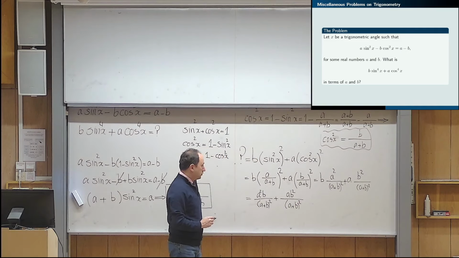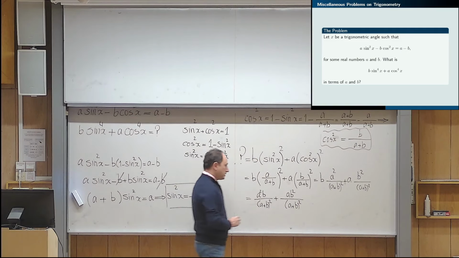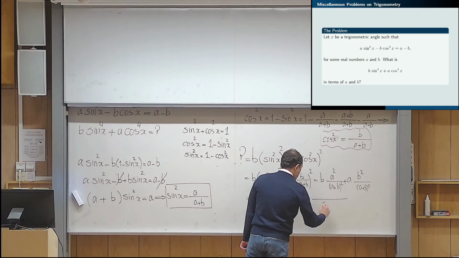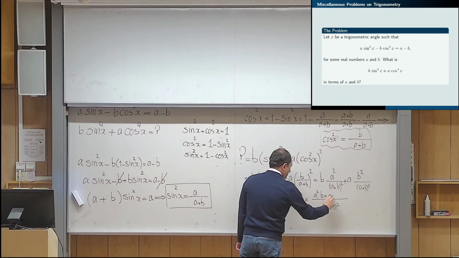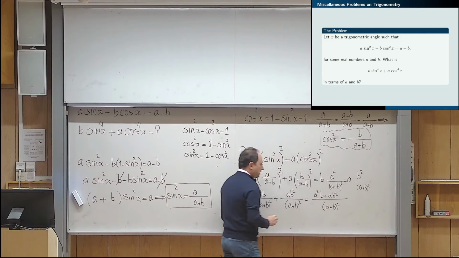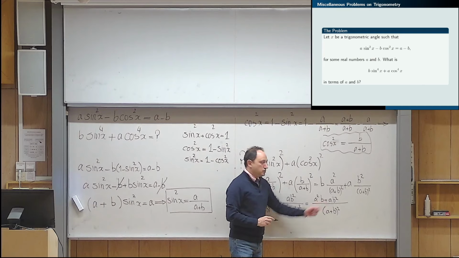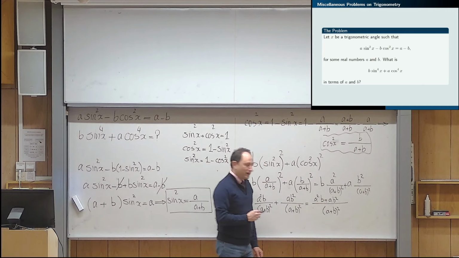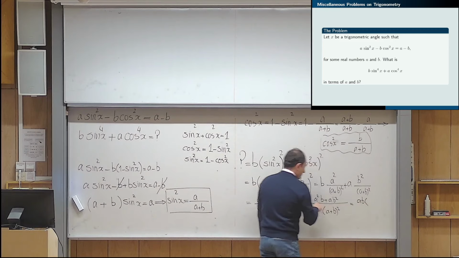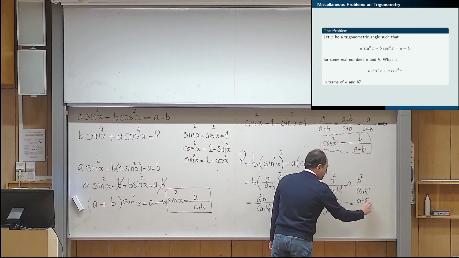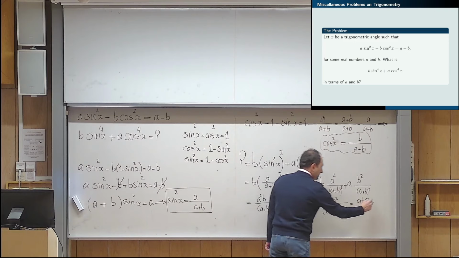But then, fortunately, the denominators are the same. So I write the same denominator, and then I add the numerators, yes? But then you immediately realize that between these two terms, I can factor an ab out. So then it becomes ab, from here a is left, plus from here only b is left.